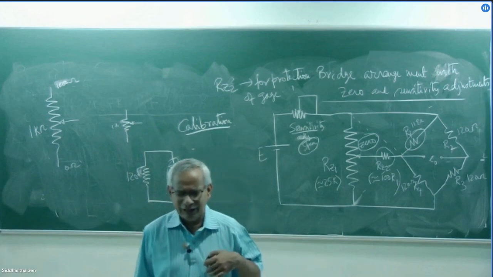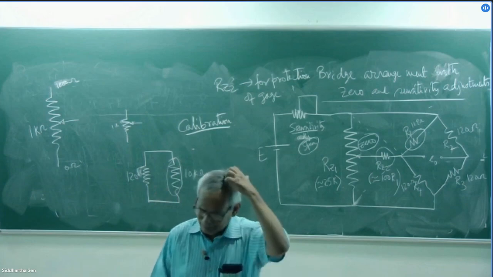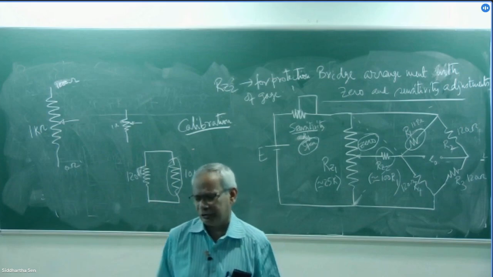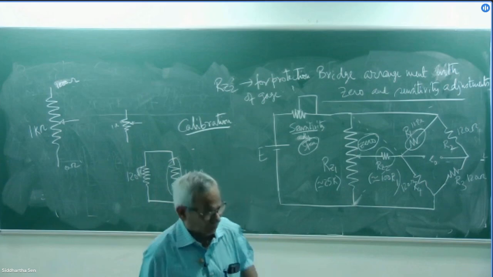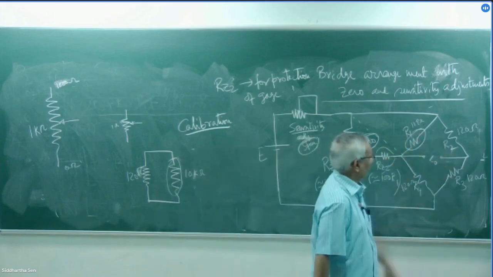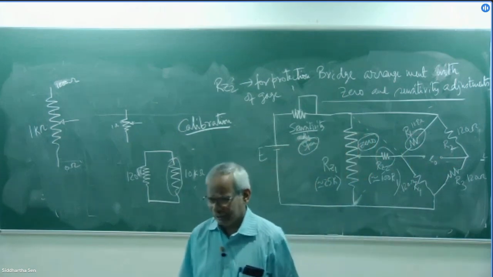So the question is, if I want to manufacture a strain gauge load cell instrument in my laboratory, I can build this circuit and the subsequent amplifier and all the things. But how would I test it?